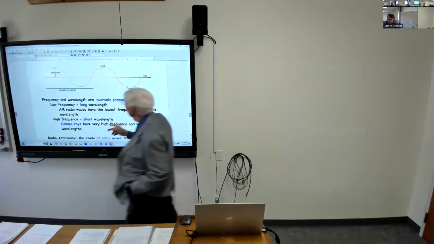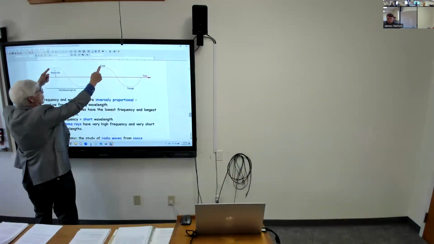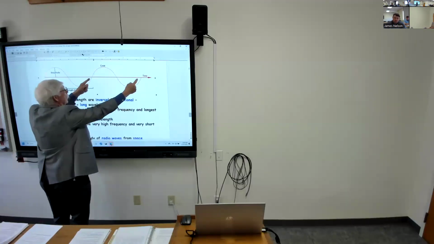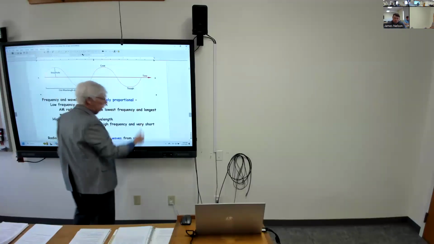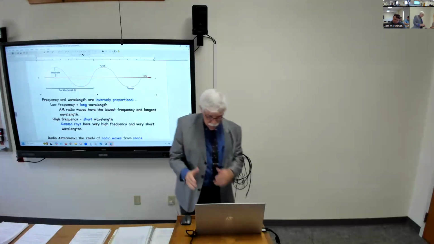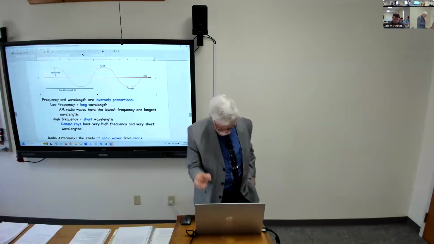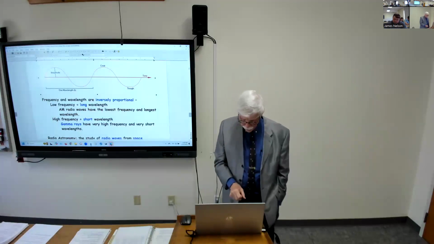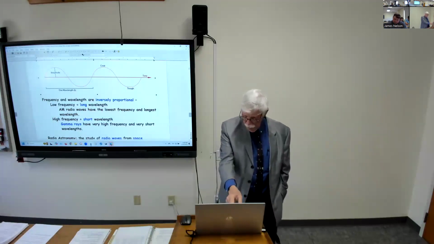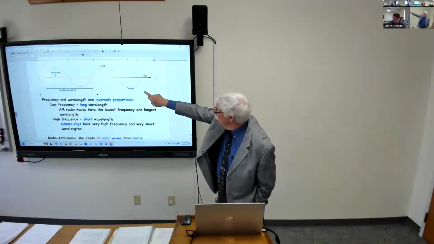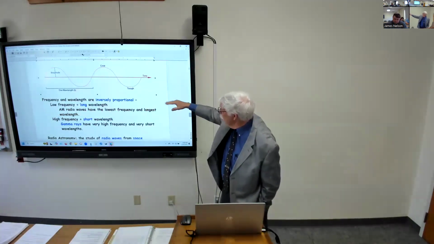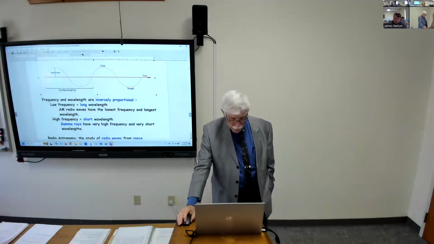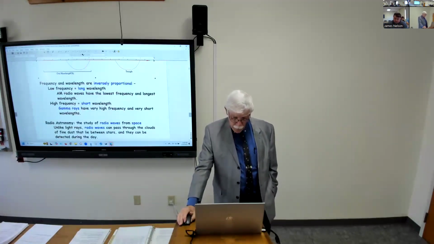So you could measure the distance from crest to crest, from this point to this point, from trough to trough. But you're just measuring that one wavelength then, from the beginning to there, or you can move it from crest to crest, trough to trough, but you're covering one segment there. Frequency and wavelength are inversely proportional.